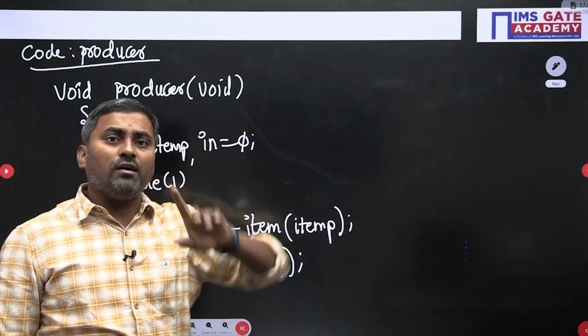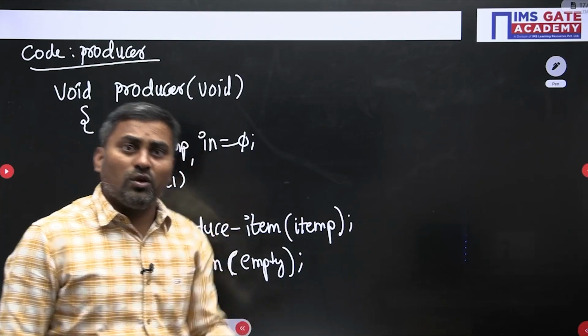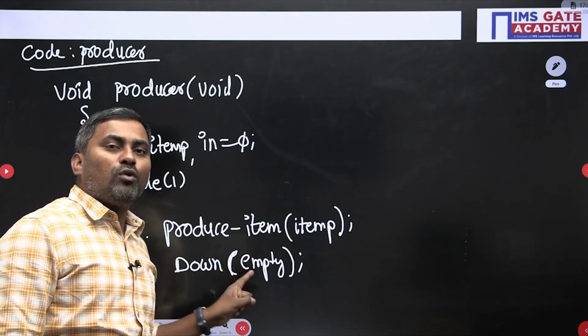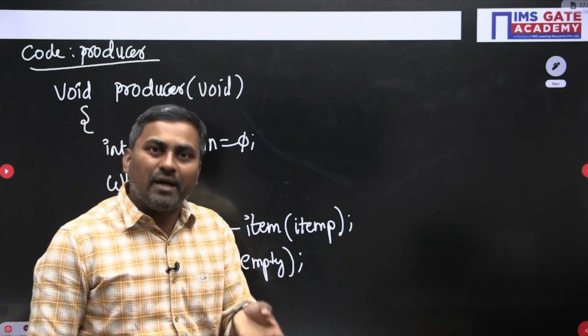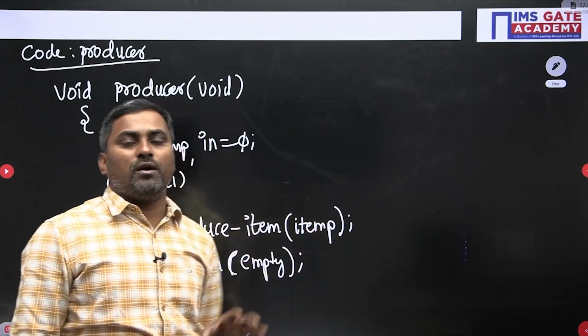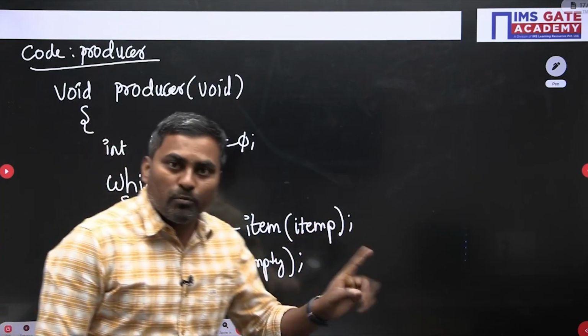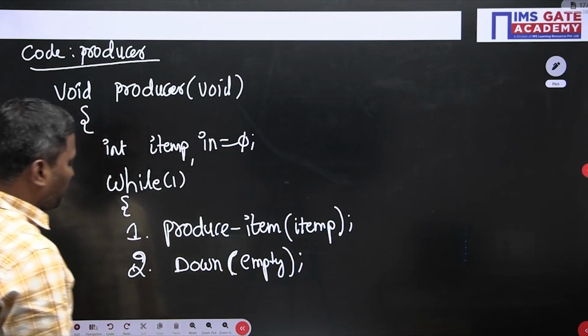Once the buffer is filled, empty value becomes 0. So again one more item may be produced, then I am running the condition: down on empty, empty becomes 0, 0 down minus 1. So the producer should sleep or not? Because when I call down on empty, the unsuccessful operation should be blocked or not. That is the termination condition.